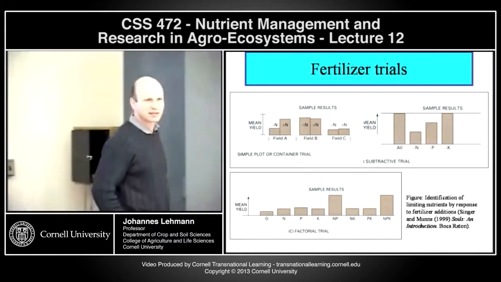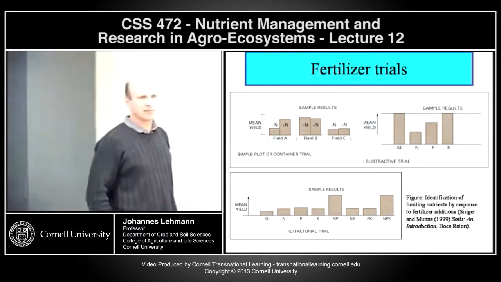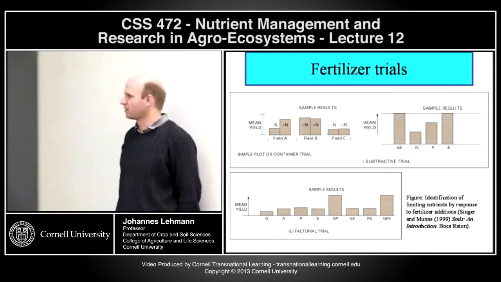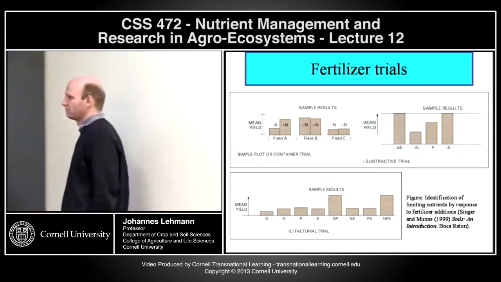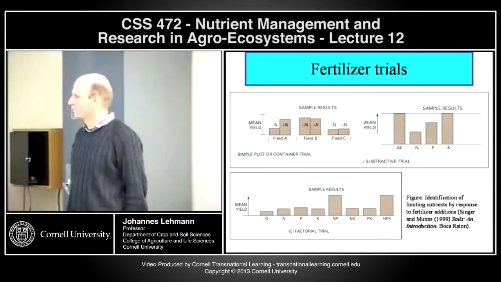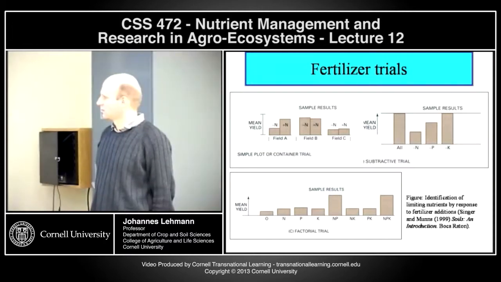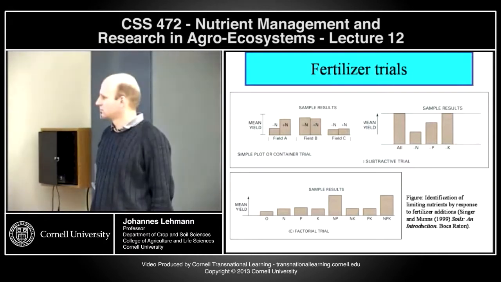So which nutrients are limiting and which nutrients are not limiting in this soil for this crop? Well, first I would look at NP and NPK, and they seem to be pretty equal. So I would say that potassium is not limiting. Then you look at NK and PK, and they're about the same.